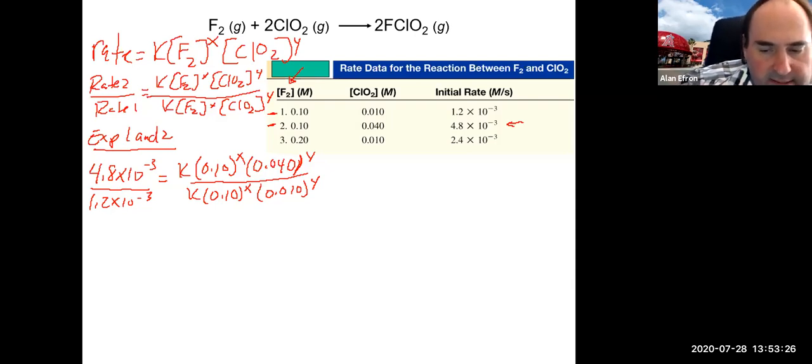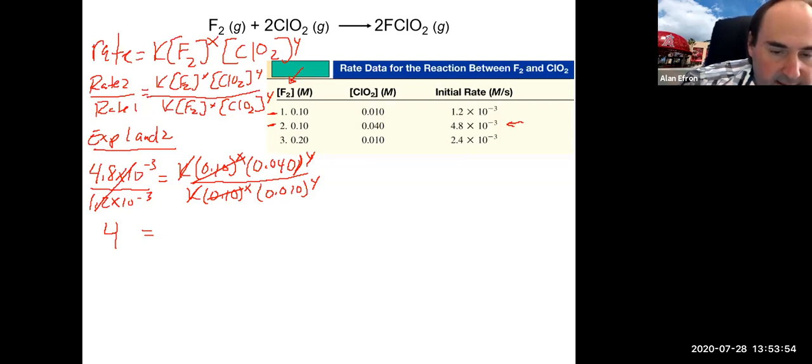At this point, we can do some math. When we divide these two numbers, we end up with a 4, I believe. Just like we talked about last time, we don't know what the rate constant is, but we do know it's going to be the same value, so that's going to cancel. We don't know what the X is, but it's the same number, and since we held this constant, this will also cancel. We don't know what the Y is, but it will be the same number.